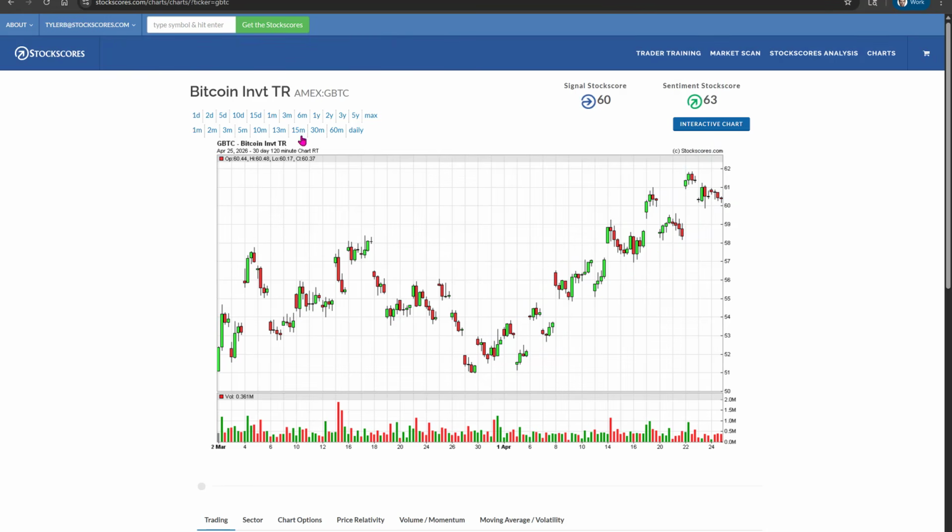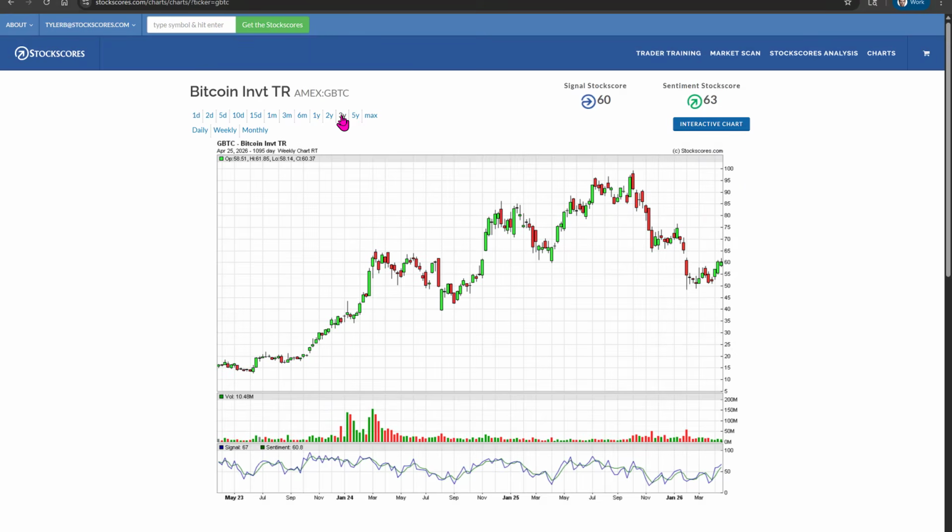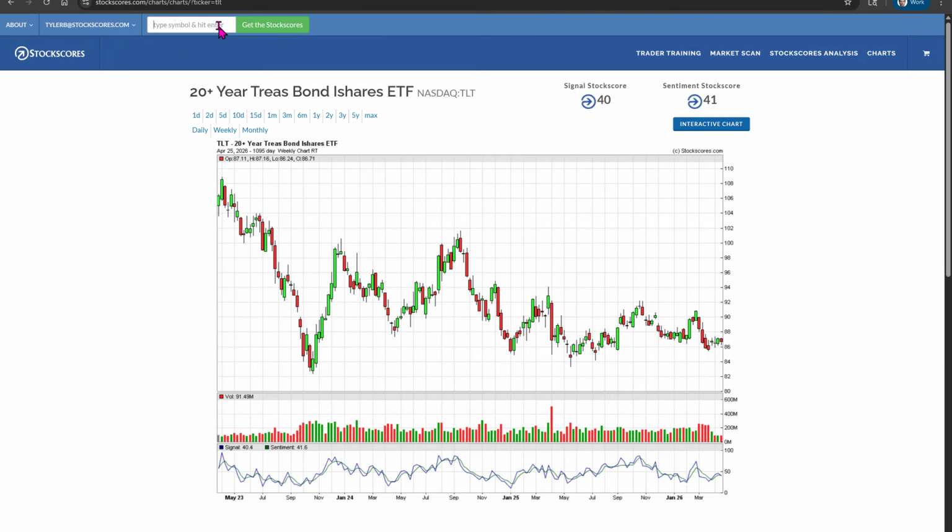So short-term bullish, but the long-term picture on the 3-year is close to neutral. It's trying to break that downward trend line. It's been stable for the last 3 months. I'd like to see it make a strong break of this downward trend line. It's at a real critical point right now to see if the control of the market is going to change from sellers to buyers. And then the bond market, basically sideways for the last year.